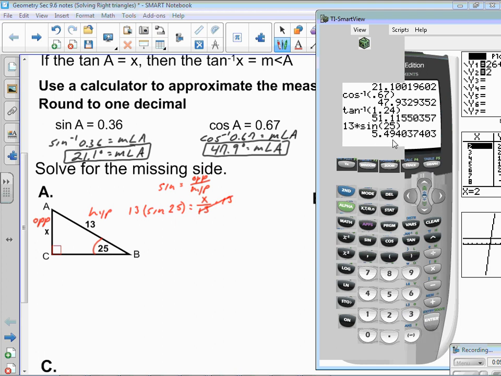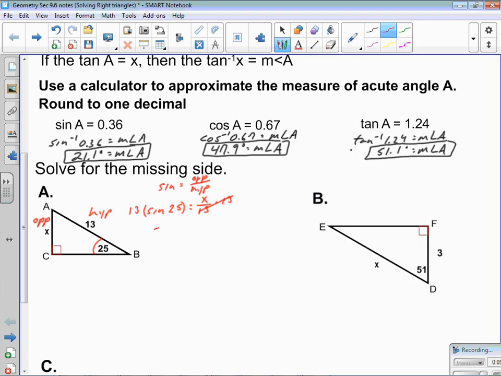That's going to give me 5.494, or just round that to two decimal places and call that 5.49 equals x.